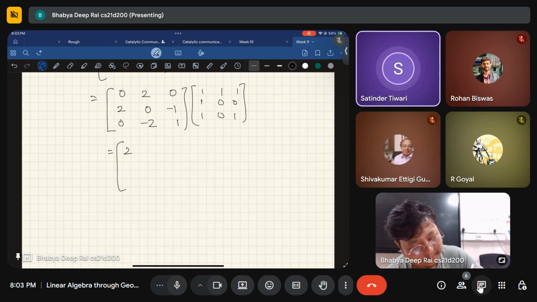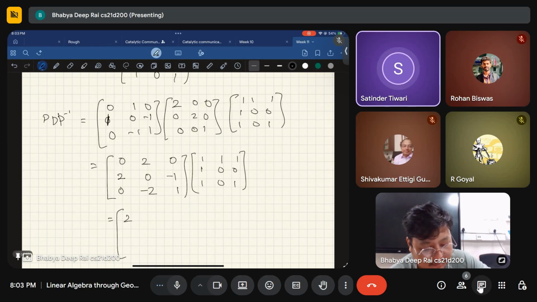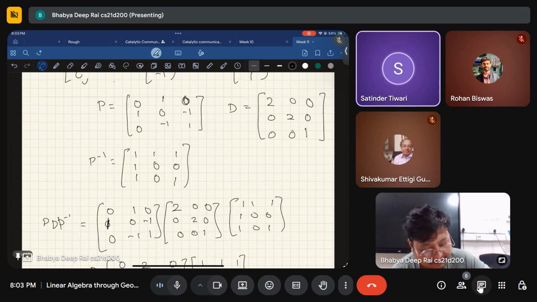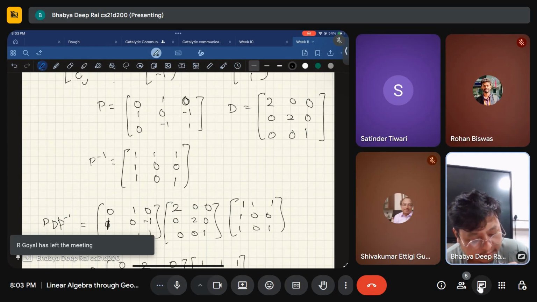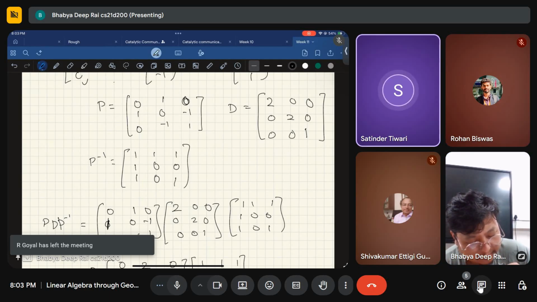Is the last row of P inverse 0 0 1 or 1 0 1? A little bit of doubt is there for the last row of P inverse. Is it correct?